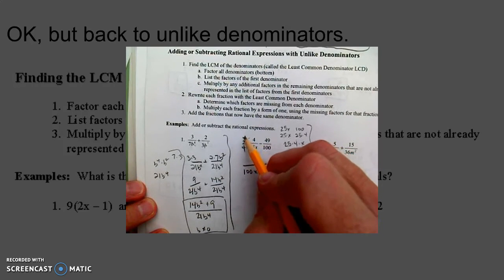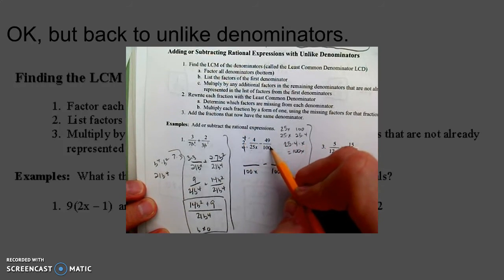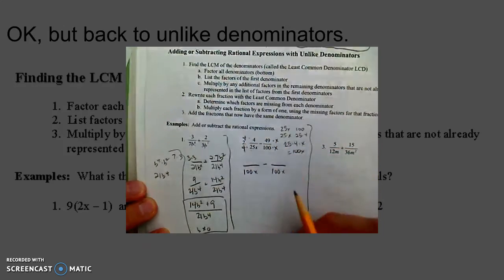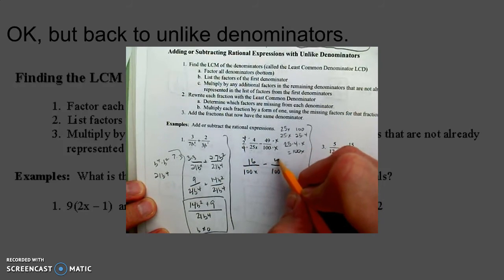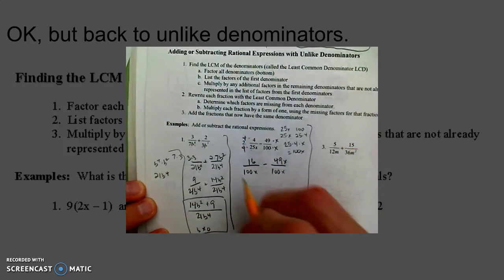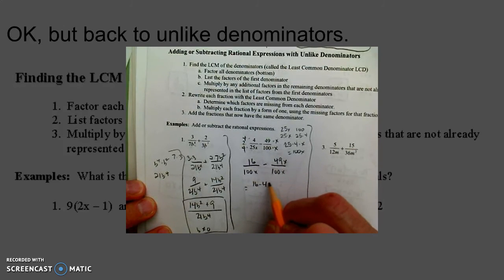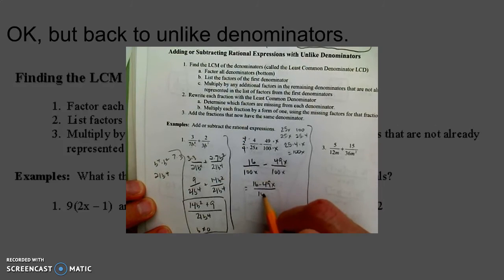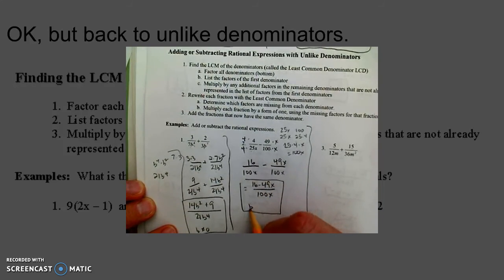So I need to multiply my numerator by 4. Here, 100 to get to 100x, I need to multiply by x, and by x here. So 16 minus 49x over 100x. Again, there's no common factor here that can be factored out of all three of these, so we leave it the way it is.